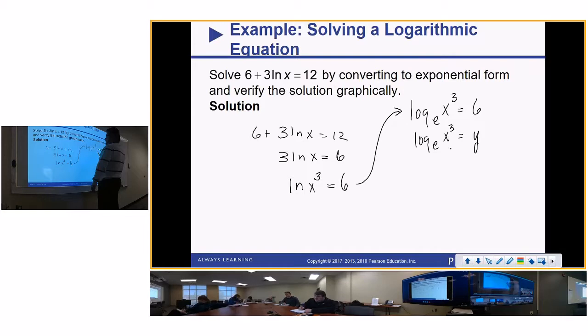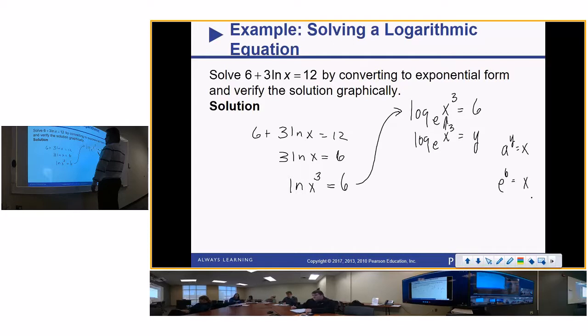That's x. Log base e, and that's a to the y is equal to x. What's my x? My x is x to the 3rd. Okay? What's my a? e. And what's my y? 6. So e to the 6th is equal to what?